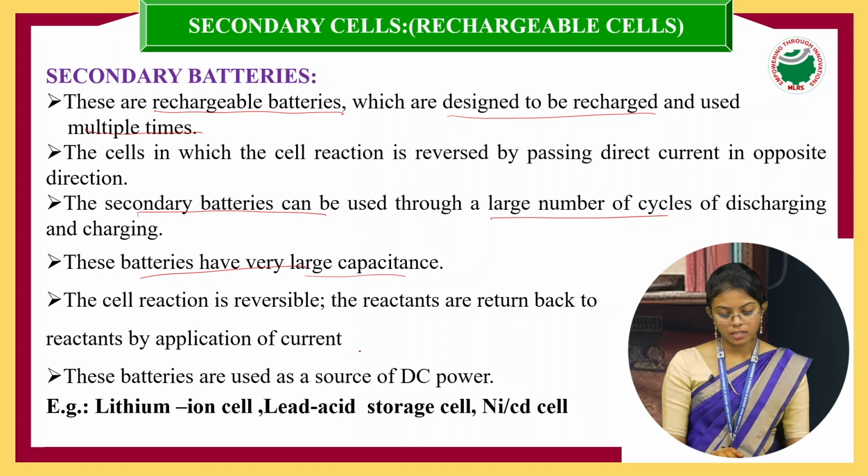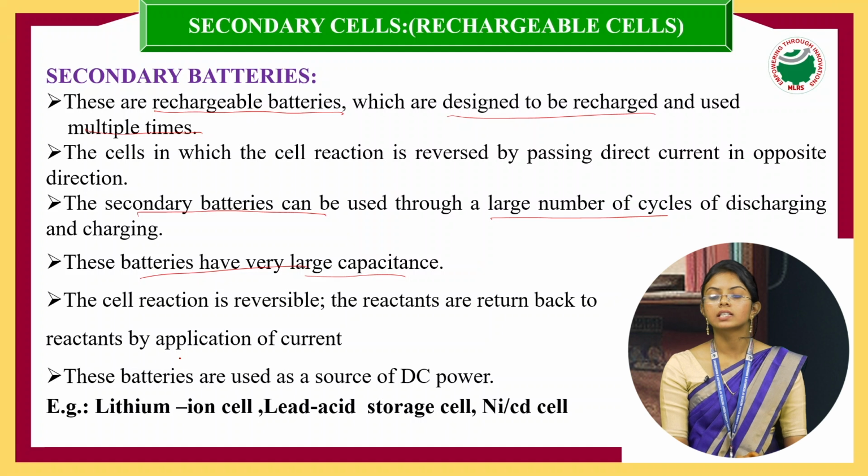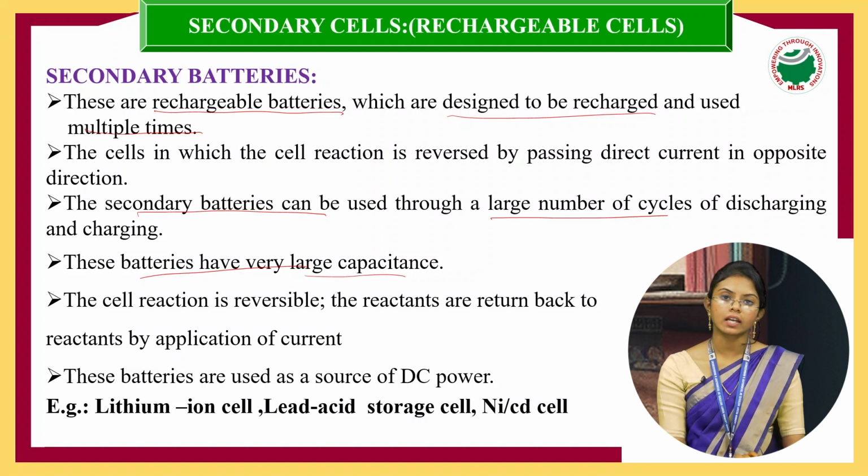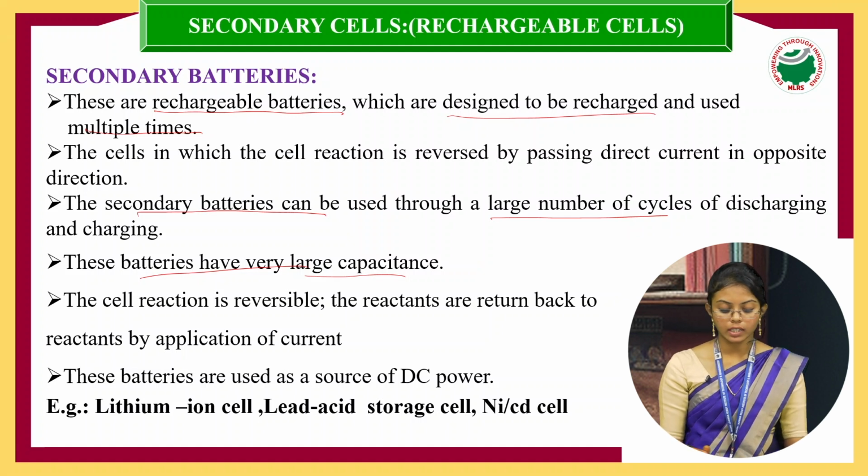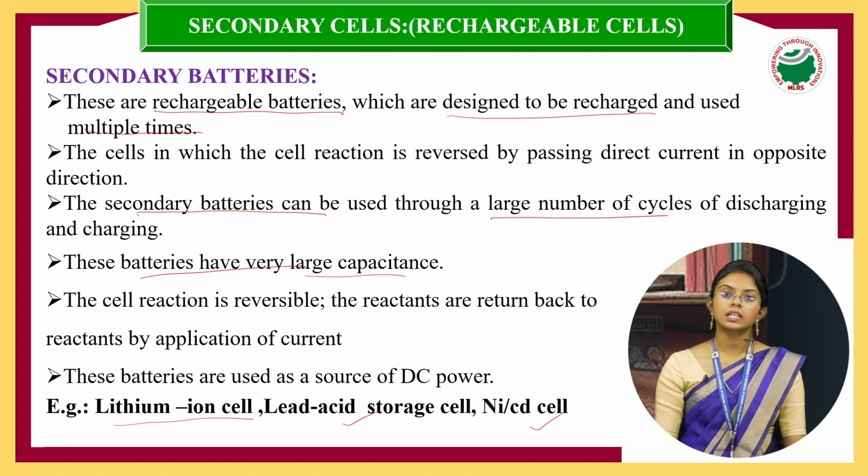And the cell reaction is reversible, as it is a rechargeable battery. The most common examples of secondary batteries are the lithium ion battery, and also the lead acid or the nickel cadmium cell. So this is about the secondary cell.